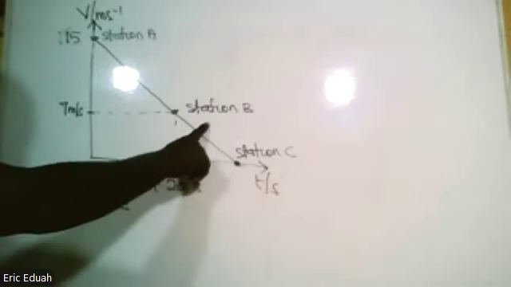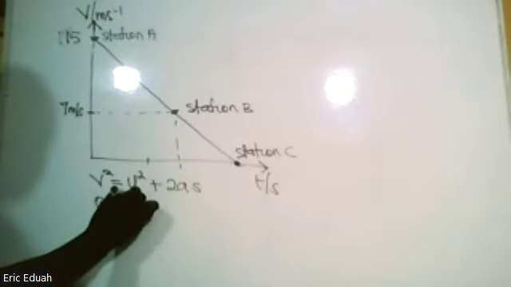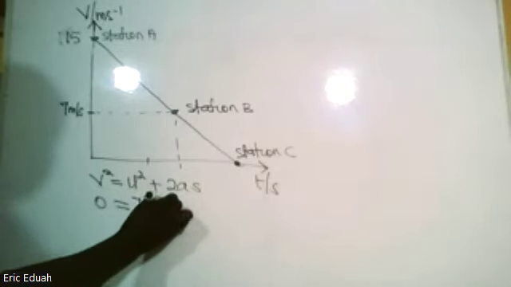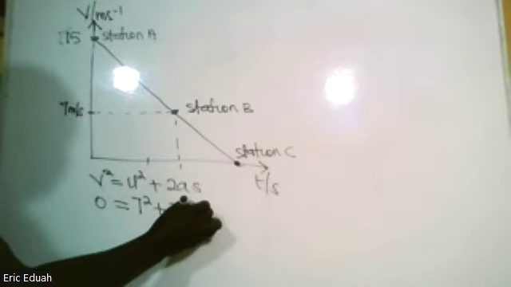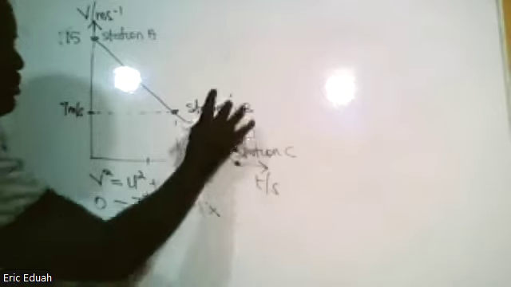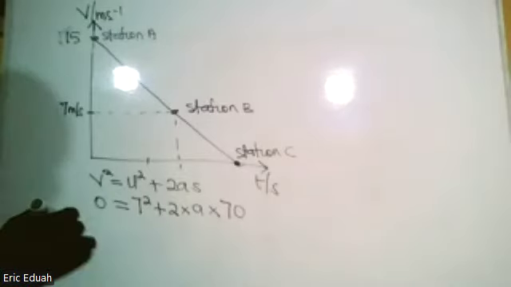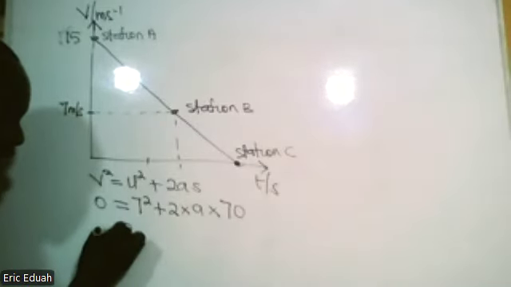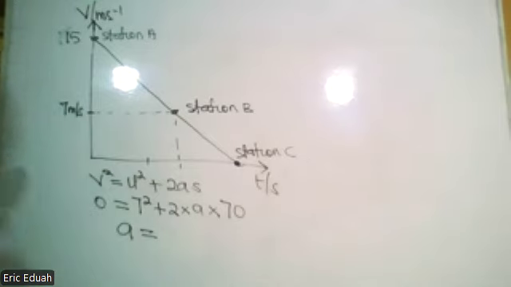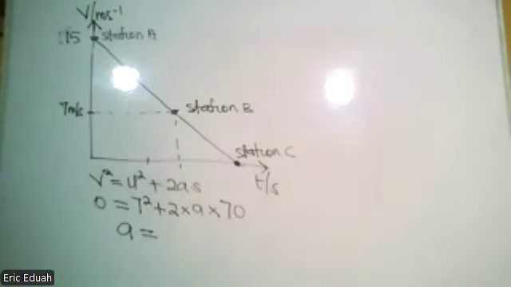U is the velocity at B. So 7 squared plus 2 times a, which we don't know, times the distance between B and C, 70. So quickly use this information to help me get the acceleration of the body from B to C. Please, I'm waiting for you, one minute.